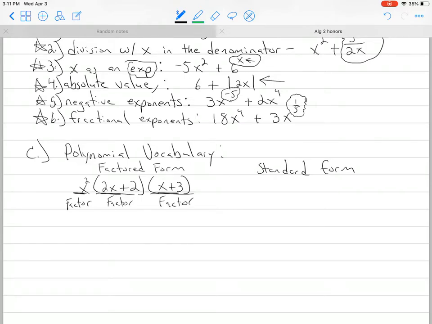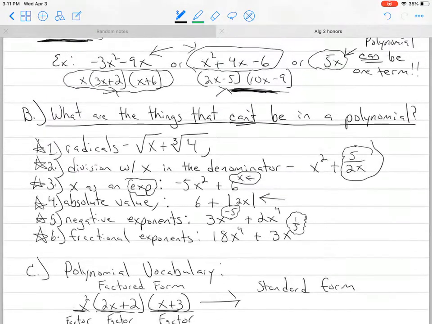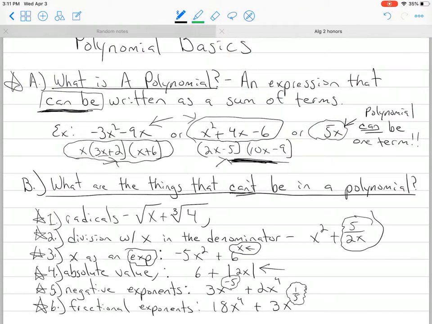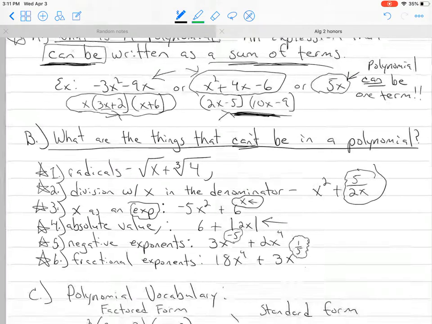That's why it's called factored form. Factors are 2 things that are multiplied together to equal something, all right? So each of these are different factors that get multiplied together. And from factored form, you can actually create your standard form, which is how your polynomial is typically defined. That is written as a sum of terms, as we talked about.